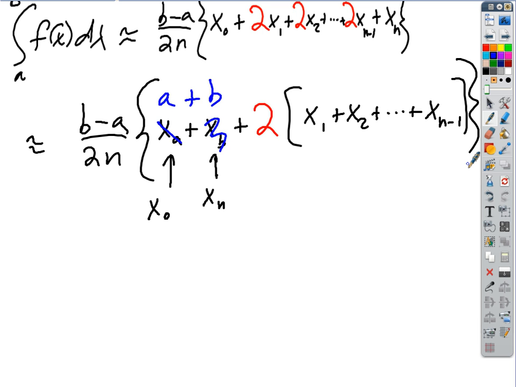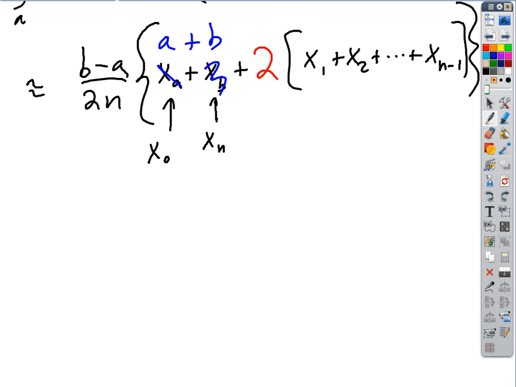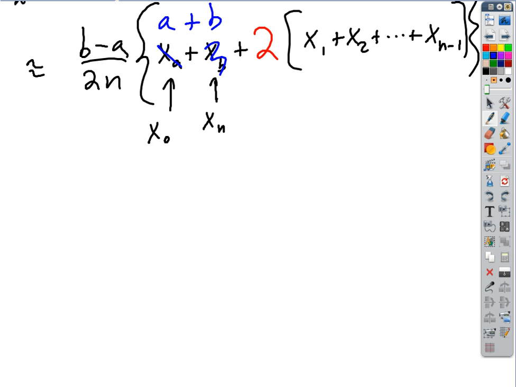Here's the last version: b minus a over 2n times a plus b plus 2 times the sum of x sub i, right? That's it. So that's our trapezoidal rule.